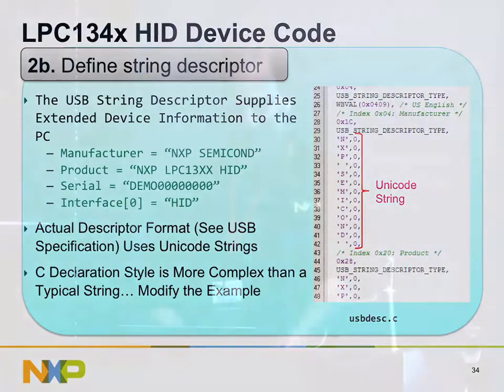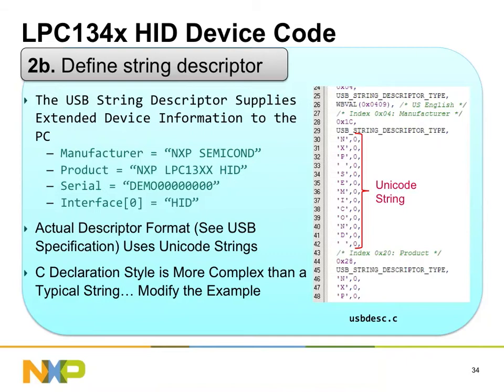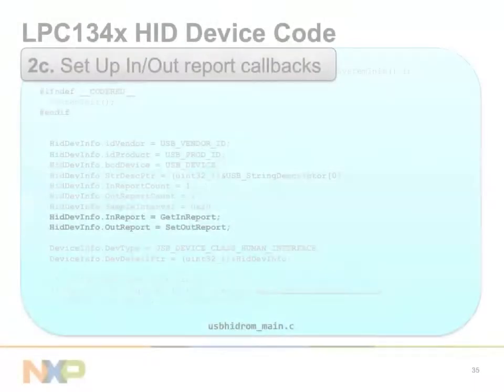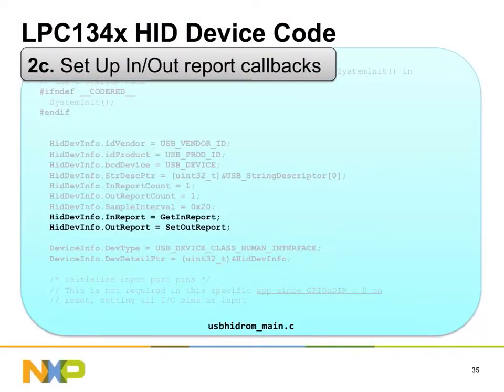The string descriptor is in this file right here, this USB descript.c, and that's how you have to set it up. This is Unicode, so you have to set it up with a 0 after every character. And then back here, this is where you actually point to the get and the set report callbacks.